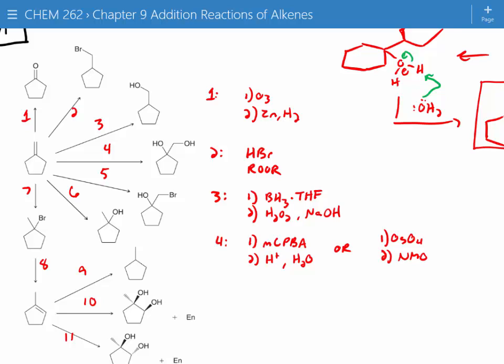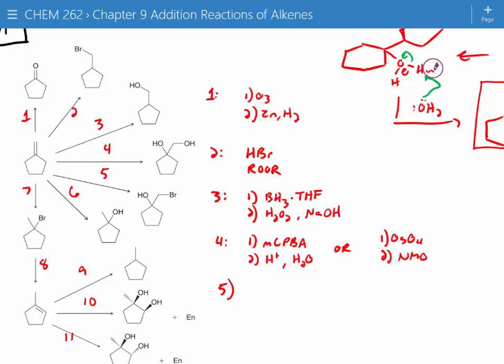All right, let's do the last one here. We've got reaction 5. Yeah, the halohydrin reaction. What reagents do we need in order to get both halide and an alcohol installed? Do we want to use HBr?